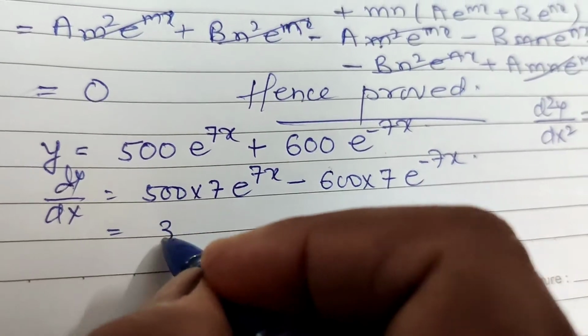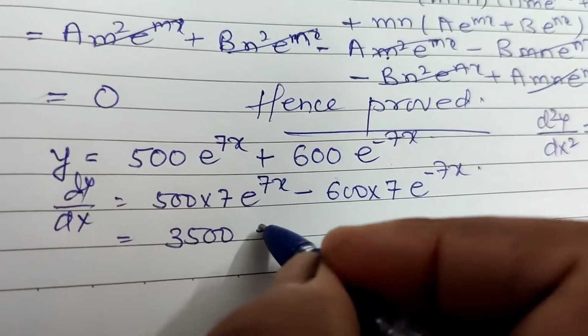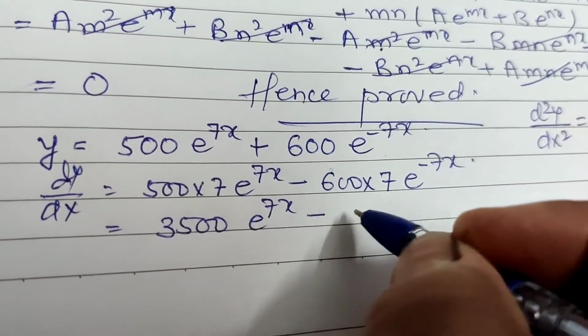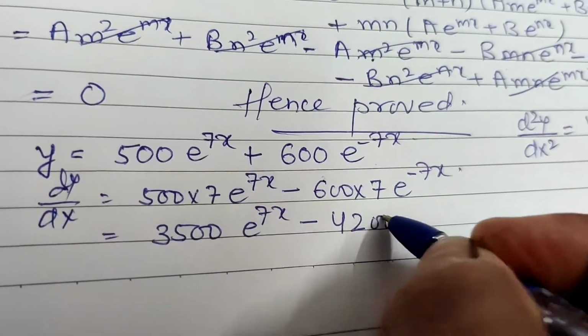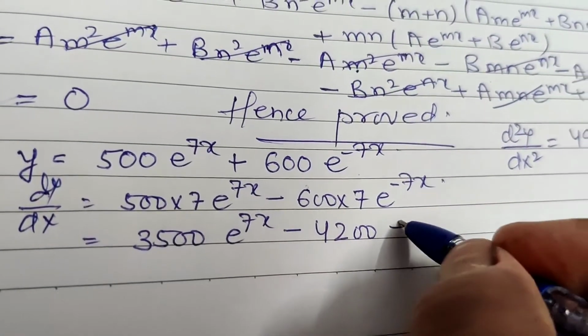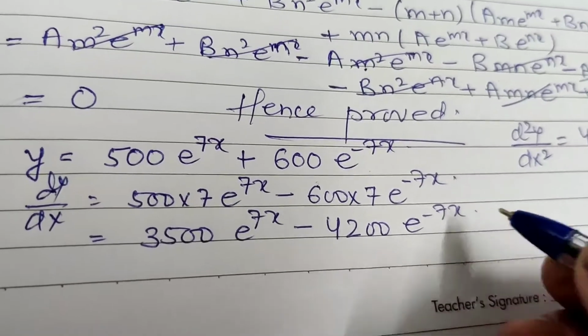It is equal to 3500 e raised to power 7x minus 4200 e raised to power minus 7x.